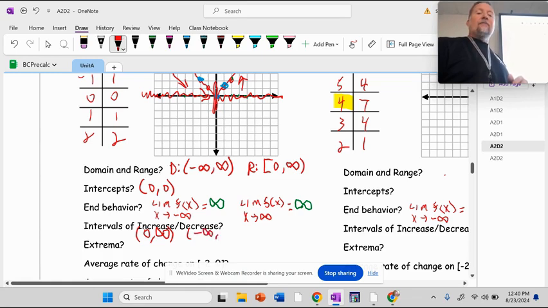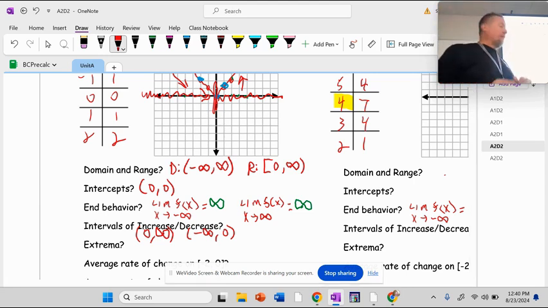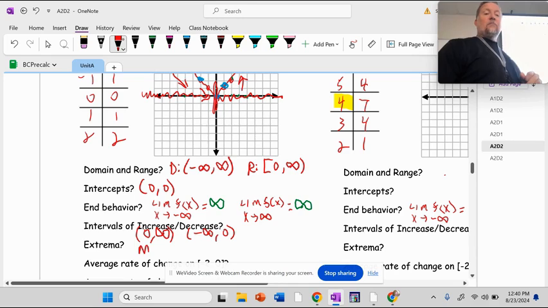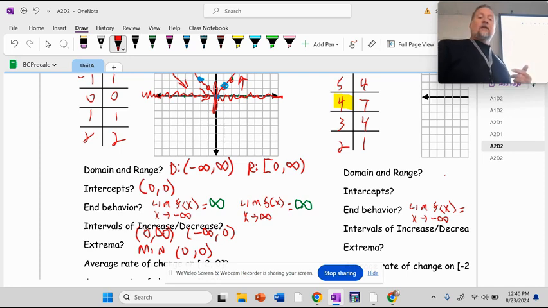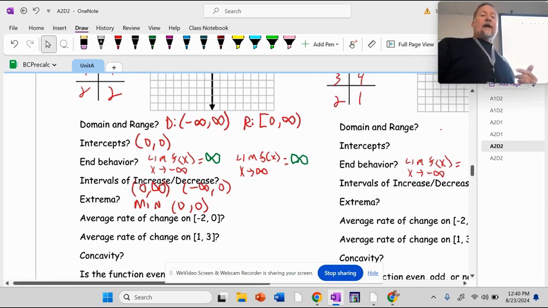So that's from negative infinity to 0 for the x's. You've got to make sure that you get that taken care of. There is an extrema, there's a min at 0, 0. We could use the terminology, it is 0 when x equals 0 as well. Sometimes they just list the coordinate. We're just kind of going through this fast.